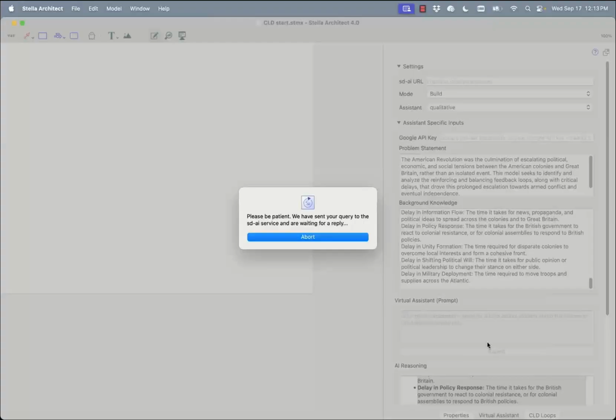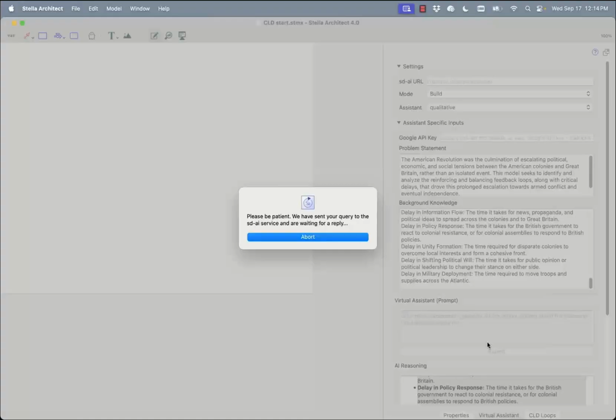That schema contains descriptions of every field that needs to be in the response from the LLM. So for instance, when we generate CLDs, we ask it for a list of relationships, where each relationship has a from variable, a to variable, a polarity, a reasoning for the relationship, and a reasoning for the polarity.